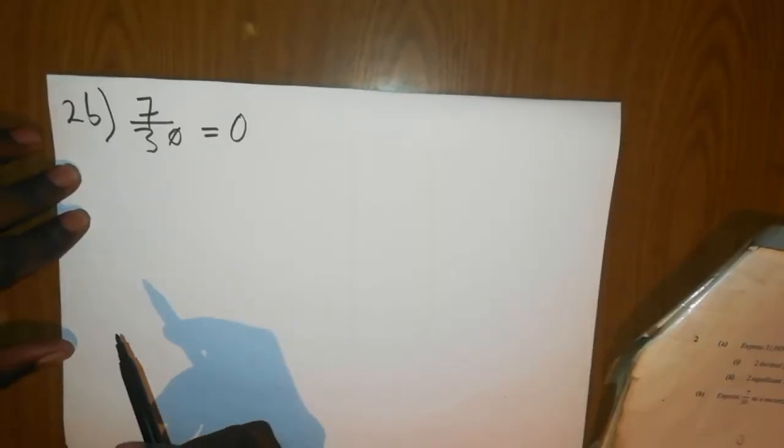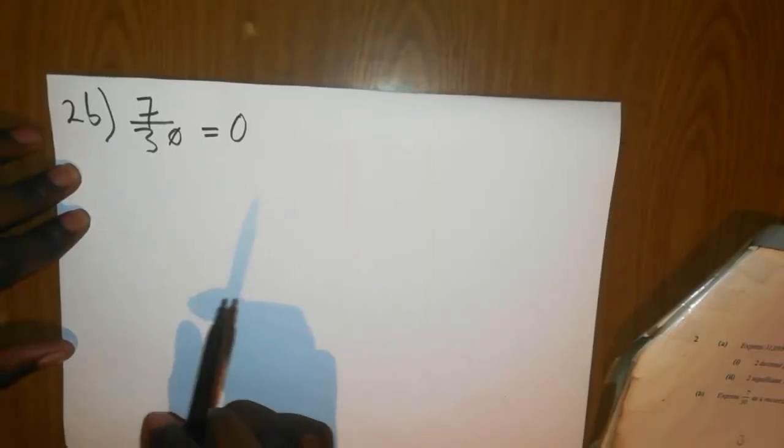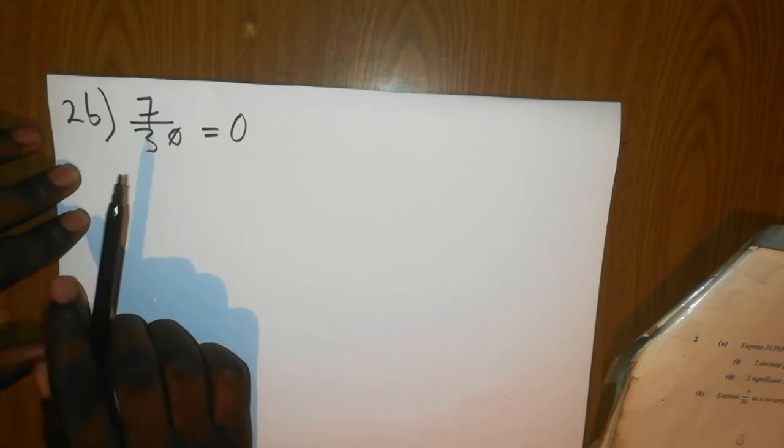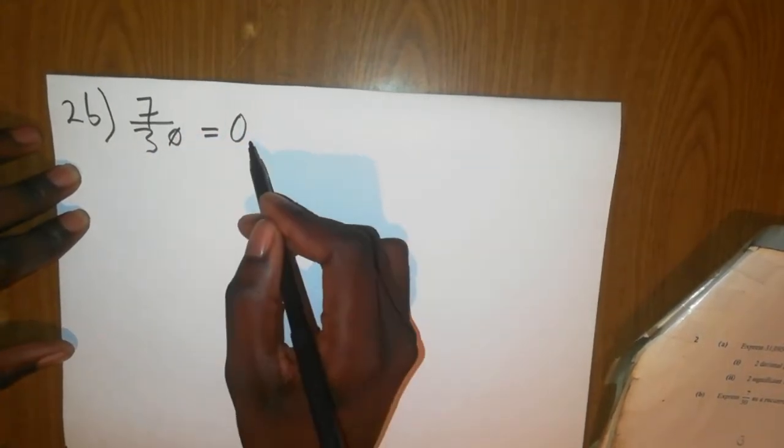Then here, instead of introducing a 0 there, you cancel this 0. You want to do away with bigger numbers, just because this is paper 1, you won't be using any calculator. Therefore, by cancelling this 0, you're going to introduce a decimal point there.